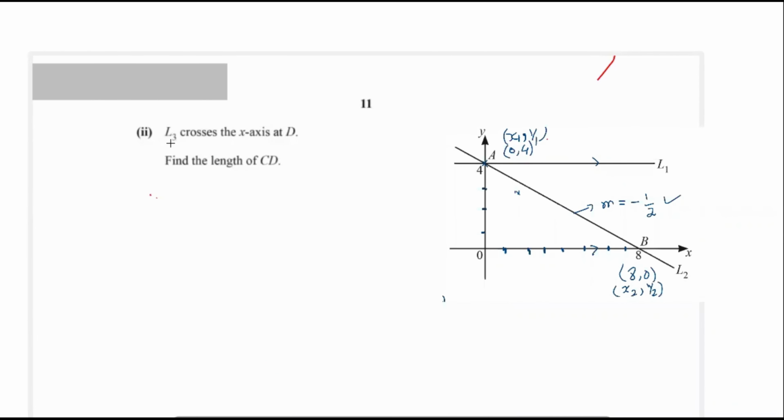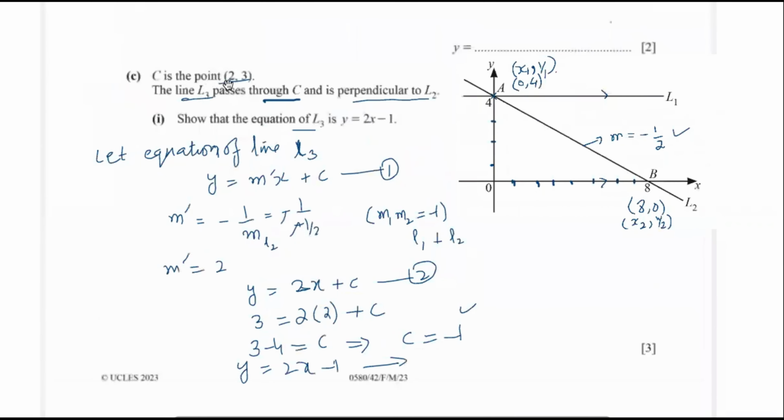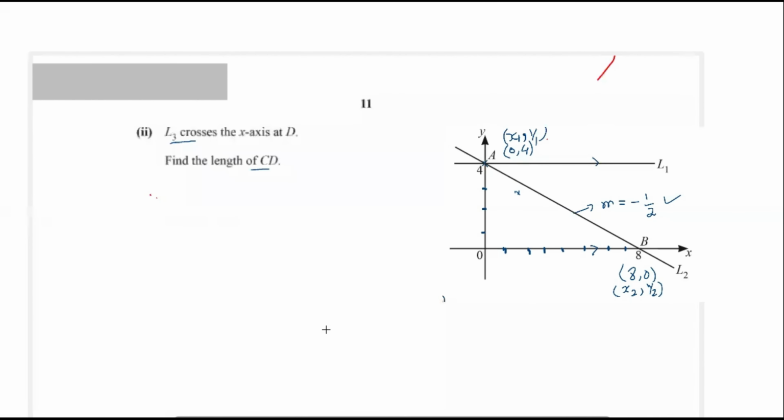Next part: L3 crosses the x-axis at D. Find the length of CD. You know the point C is (2, 3) and the equation of line L3 is y equals 2x minus 1.